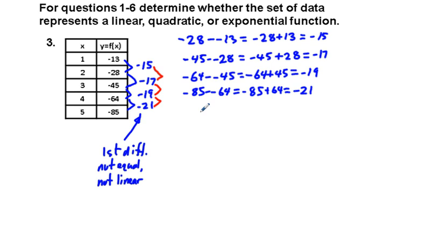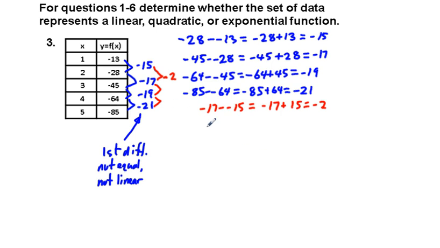We're going to have negative 17 minus negative 15, which equals negative 17 plus 15, which equals negative 2.